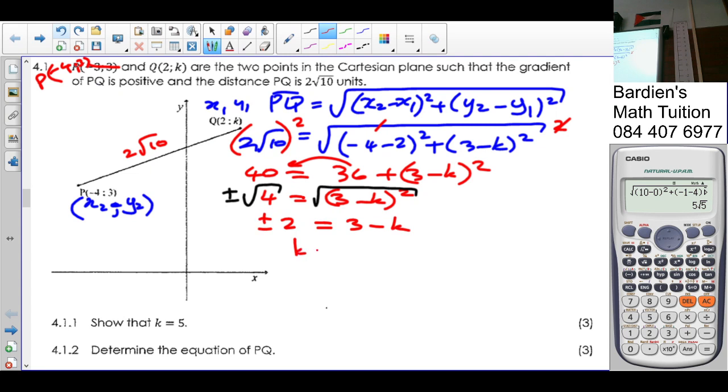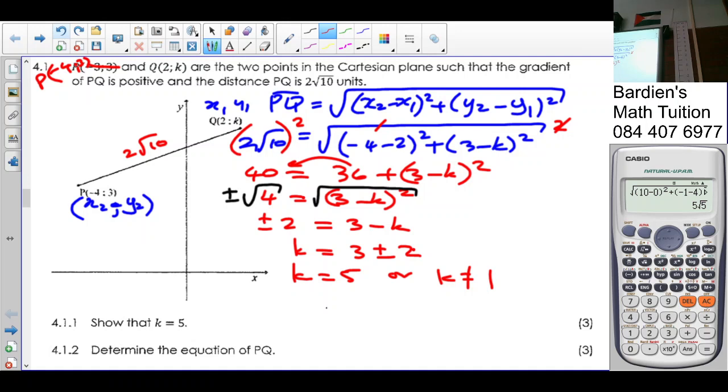Then k is equal to 3 plus minus 2. So k is equal to 3 plus 2, which is 5, or 3 minus 2, which is 1. But what did they tell us? We must show that k is 5. So you just put a line there to show that it's 5, or you can underline that k is 5. You all okay with that?